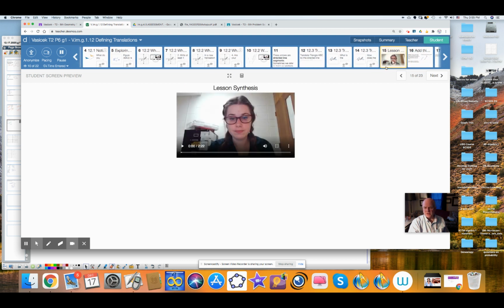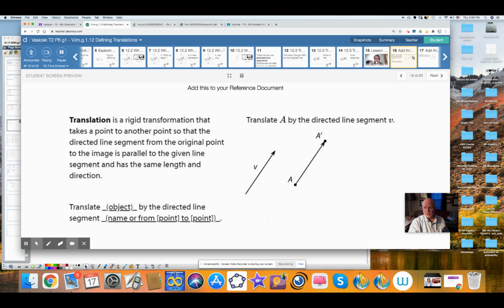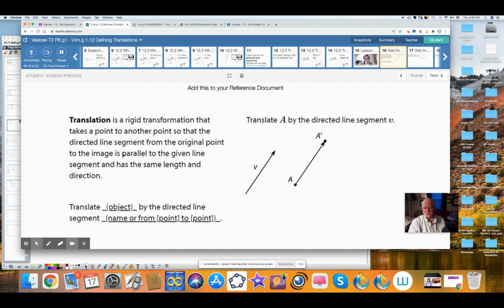Now, Ms. Kirkpatrick tells you three things that are important, and they are also outlined on the next 3 pages. I encourage you to watch her video. Here she says, the translation is a rigid transformation that takes one point to another point, so that the directed line segment from the original point to the image is parallel to the given line segment, which is V, and has the same length and direction as V. That's the definition of this, and this should be added to your reference document. 2 days ago, we received this in lesson 10.